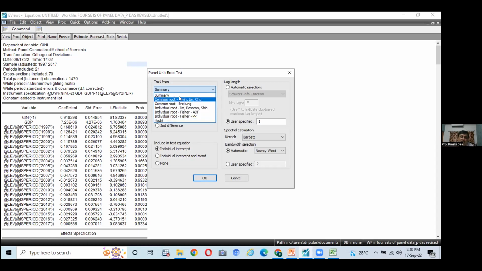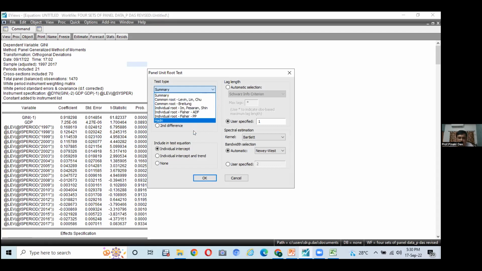That means among these 6 types of estimation procedure, in the first 5, if the null hypothesis is rejected, then we call the variable stationary. But in case of the Hadri test, if the null hypothesis is not rejected, then we can say that the variable is stationary. There is not enough time, therefore I do not consider all the methodologies for the time being.